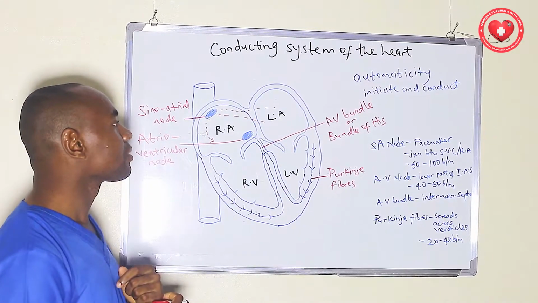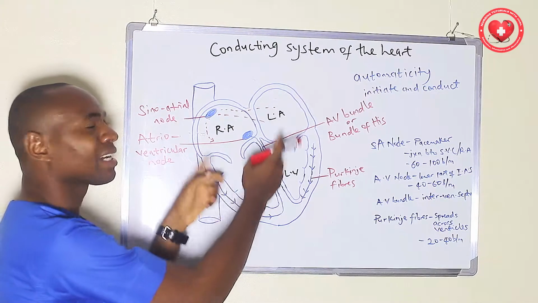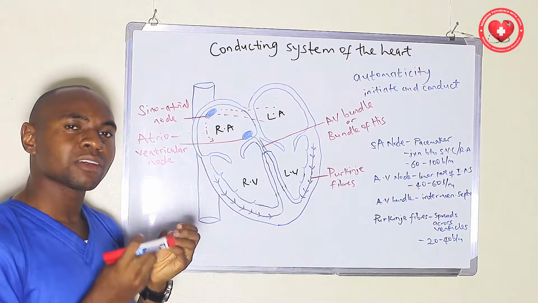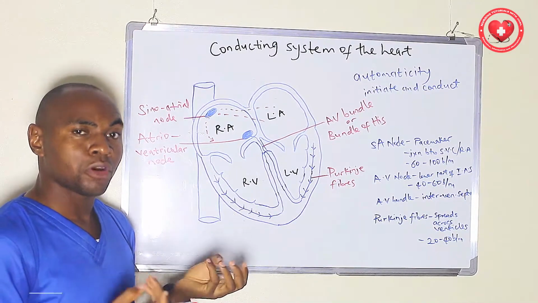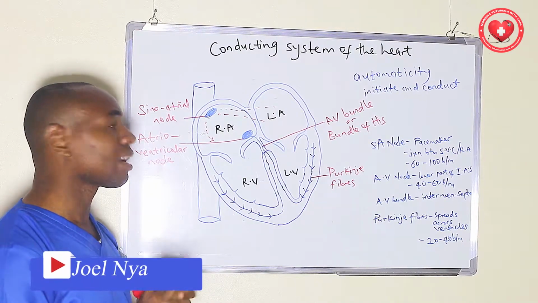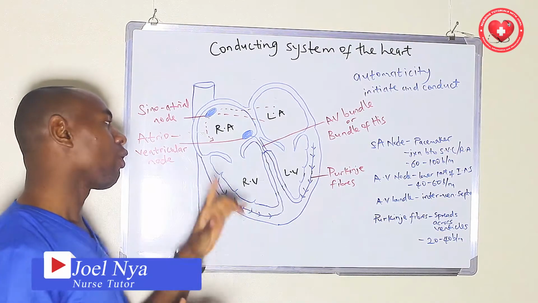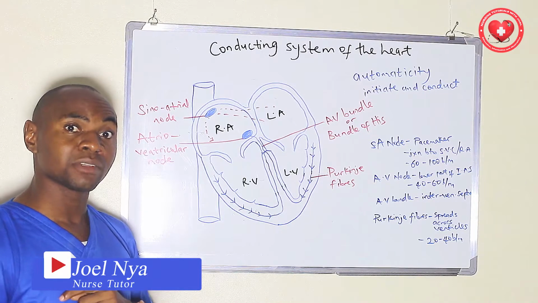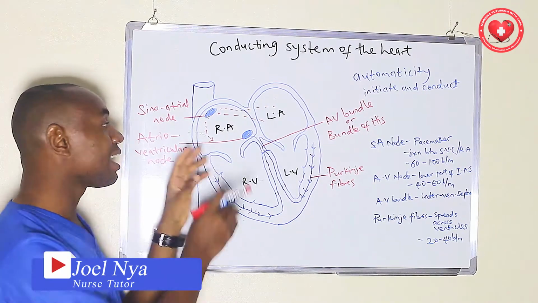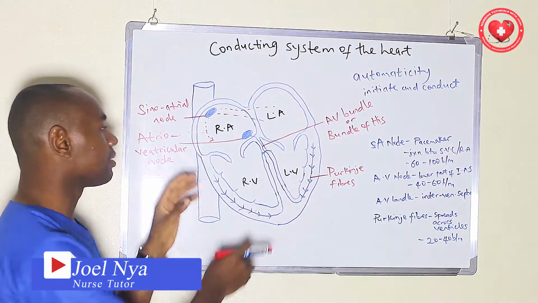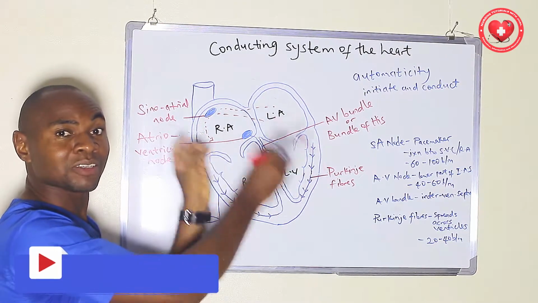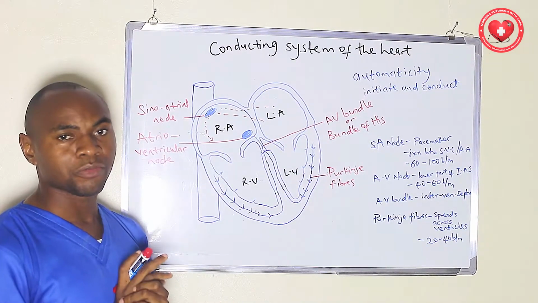So, every part of the cardiac muscle has the opportunity of initiating its own impulse. However, not every part of the heart is permitted to do so. If not, we'd have uncoordinated beats everywhere. Imagine every part of the heart just beating on its own. It's going to be chaotic.